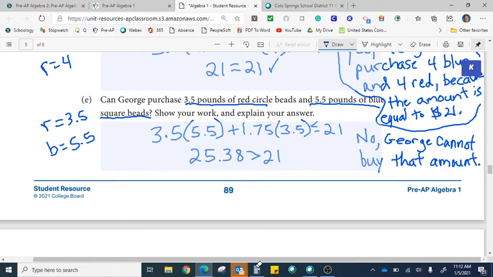Why? Well, because this is greater than 21. The amount of money that he had was $21.